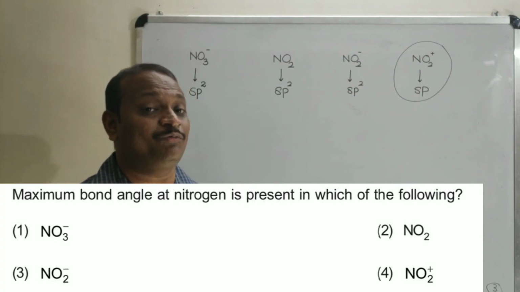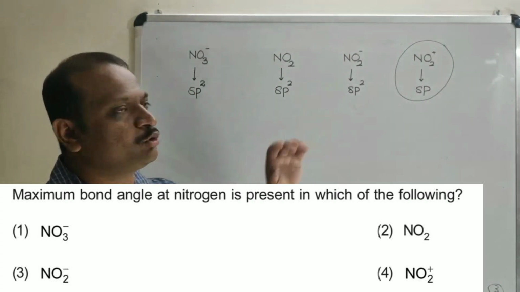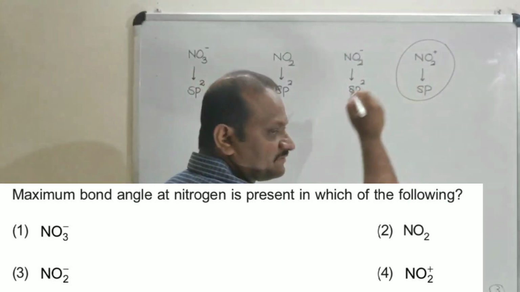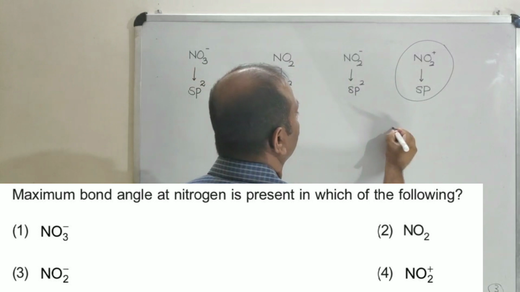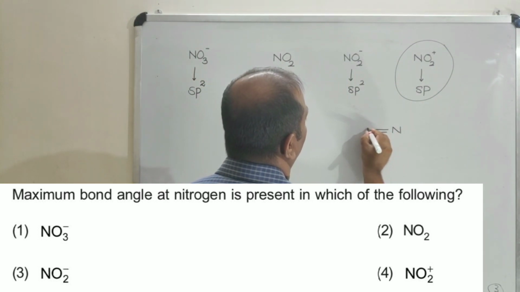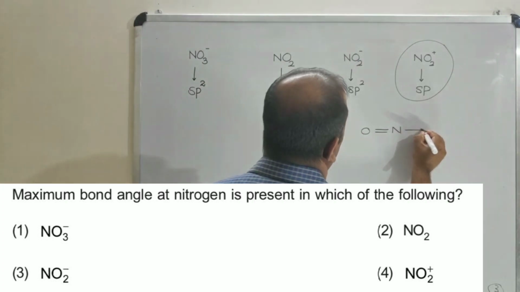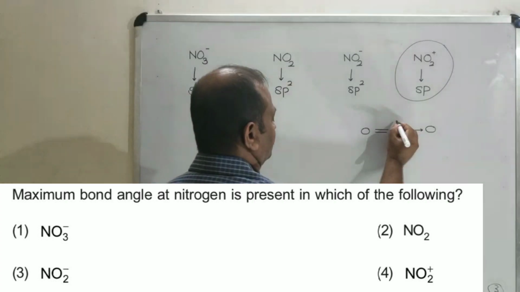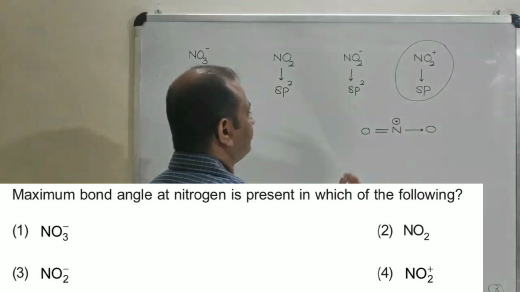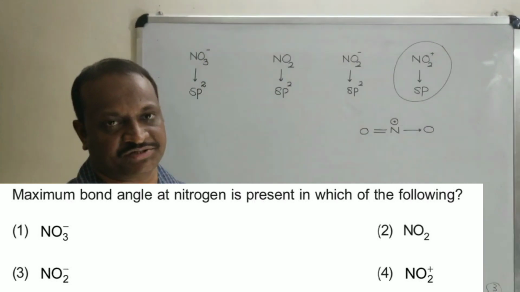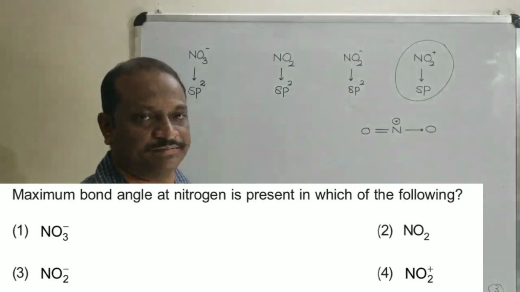But let's be familiar with the shapes of these three molecules. Let's look at NO2 plus. N double bond O, coordinate bond O, and here we have a positive charge. So this is the first compound, NO2 plus, and you know this is a linear structure.